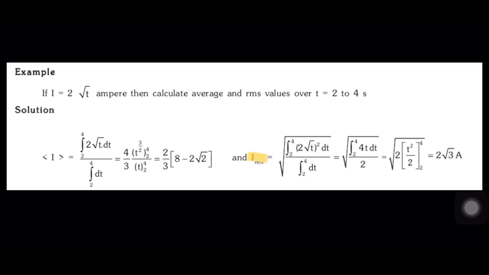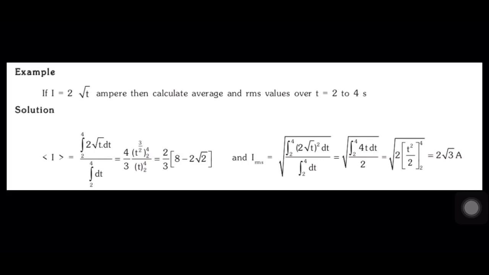The RMS current, how will you do that? Root of mean square. That is what RMS, root of mean square. So the same thing you have to do, but inside the root. When I say the same thing, one thing is different, that you have to take the square of the function, because we are taking the root of the mean of the square of the current.